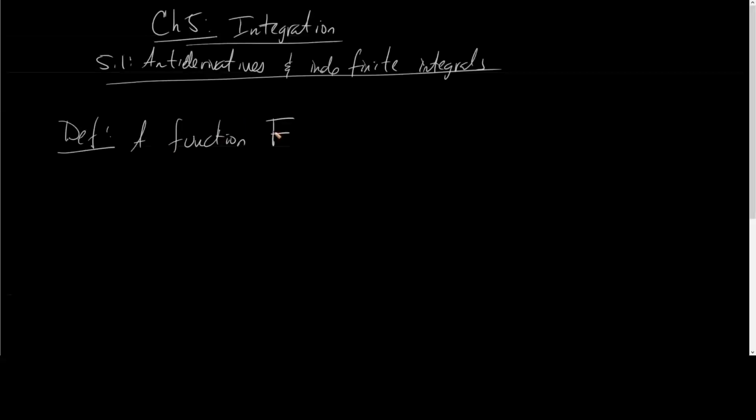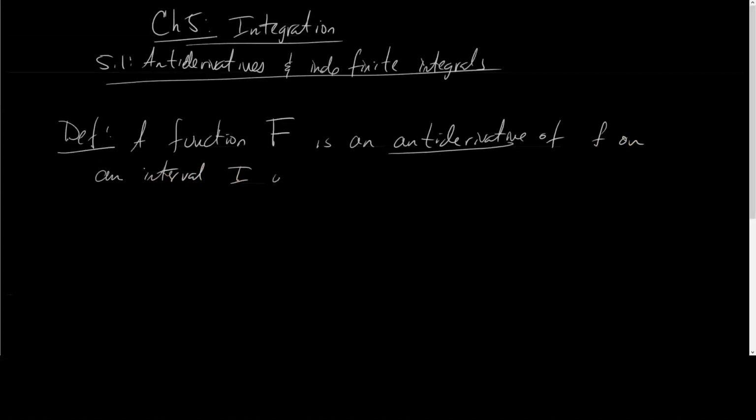A function capital F is an antiderivative of lowercase f on an interval I when F prime of x is equal to f of x for all x in our interval.